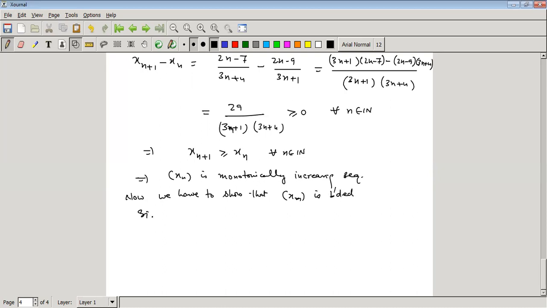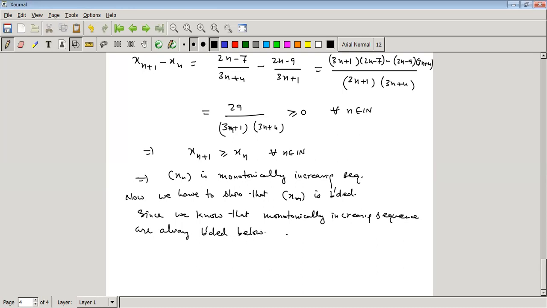Since we know that monotonically increasing sequences are always bounded below, we have to show only that x_n is bounded above, right? Okay, so what we have to do for this?